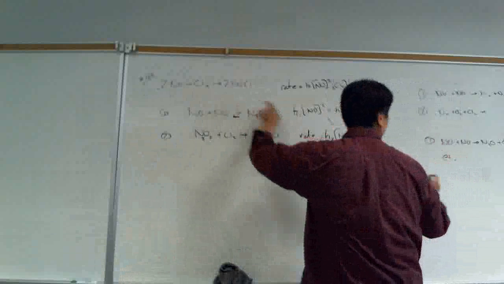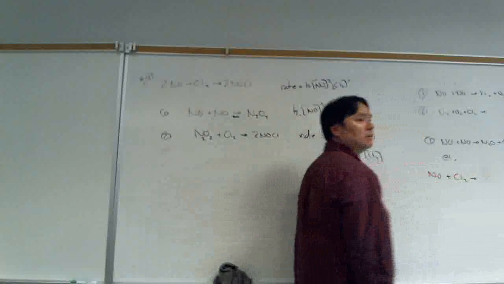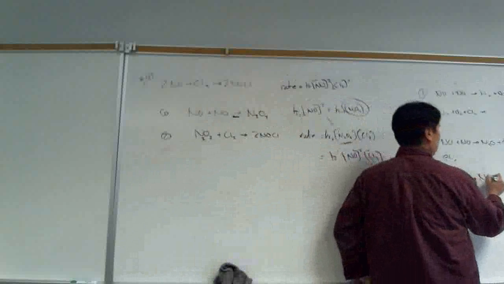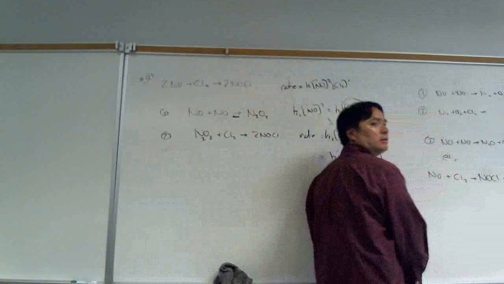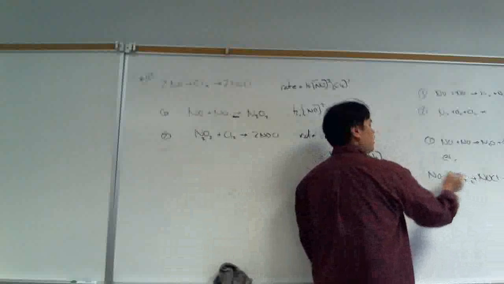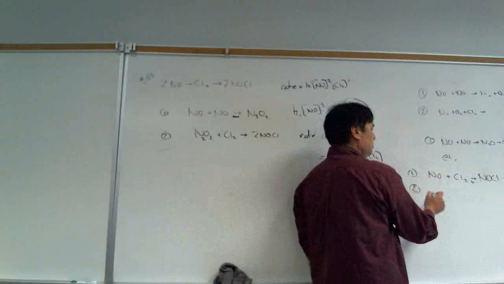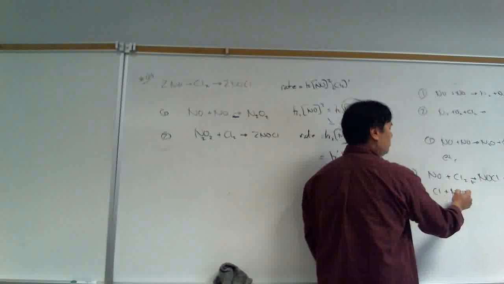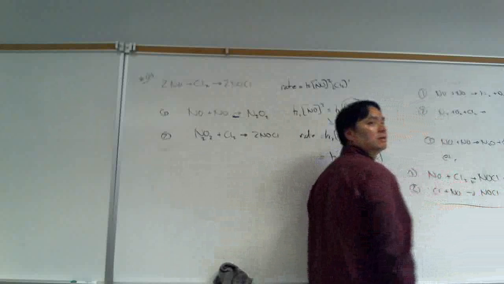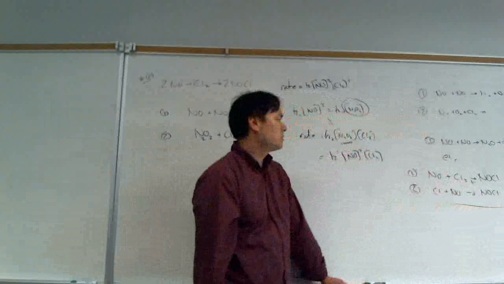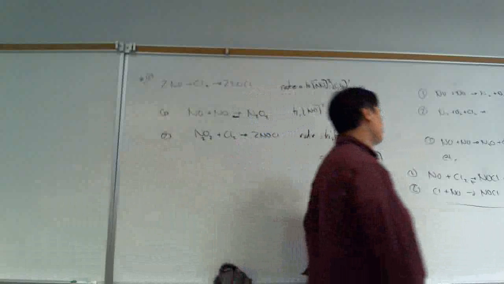We could have tried NO plus Cl2. NO plus Cl2 yields NOCl plus Cl. How does this one look for the first step? Yeah, not bad. And then step two, Cl plus NO yields NOCl. This one works. We just have to make sure the rate law matches.